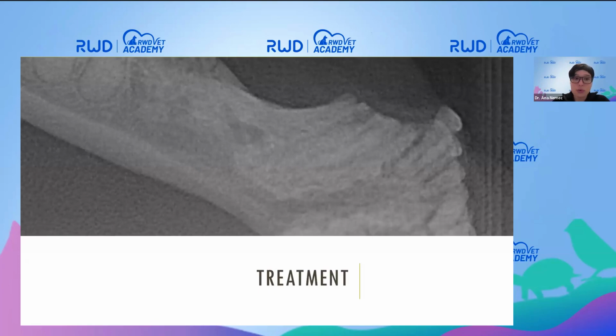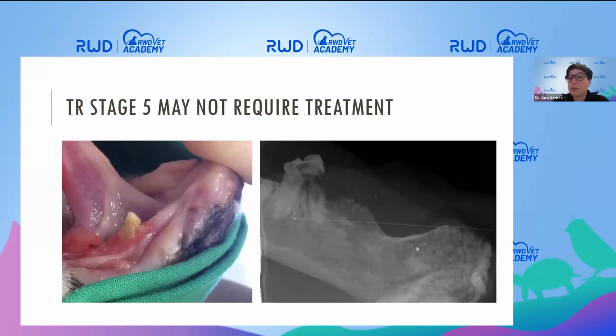So as far as we know, the only treatment that we can actually offer to these patients is removing these teeth. But then again, we said before that stage 5 tooth resorption, like in this third premolar here, is end-stage disease. So when we see these ghost roots, like an oval-shaped bone over that area, pink and non-inflamed gingiva, nothing really needs to be done. Mother Nature did what was meant to be done.